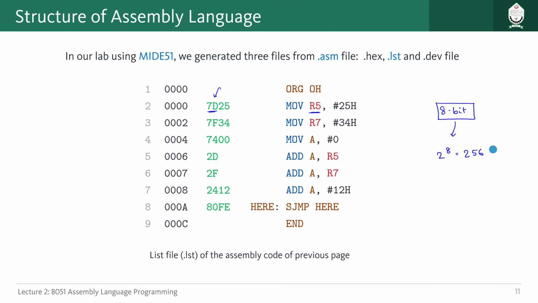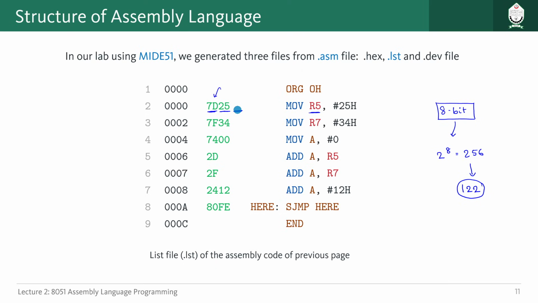In reality, we have 122 instructions made for the 8051. Basically these are opcodes, and after this byte, we can have 2 bytes of data.